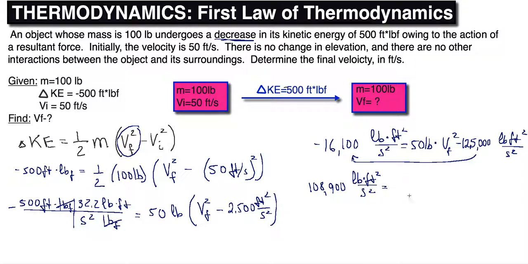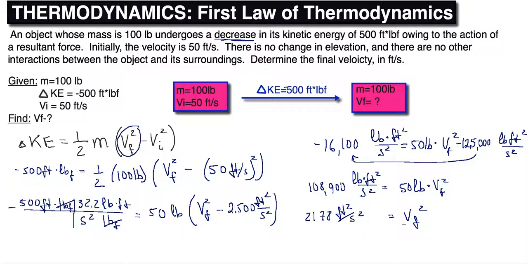And on the opposite side, we've got 50 pounds times Vf squared. So now we're going to have to isolate Vf squared. We're going to divide both sides by 50 pounds, and we get 2,178 feet squared divided by seconds squared.